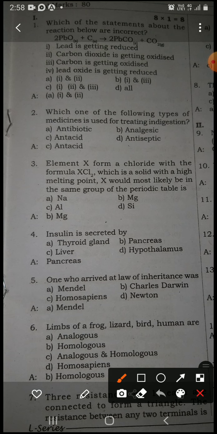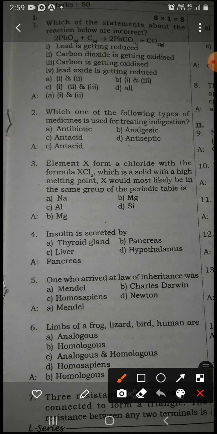So PbO, lead oxide, plus carbon. When it reacts with the carbon, it gives rise to lead and carbon monoxide gas, and then carbon dioxide is released. So this is the proper balanced reaction which is given.